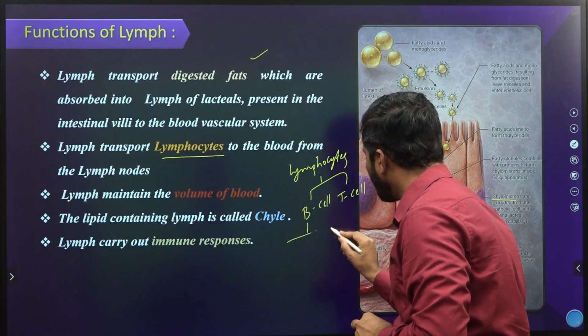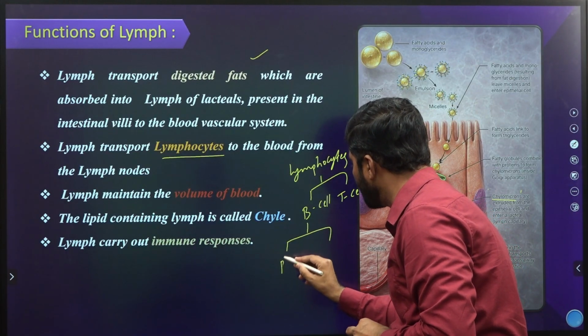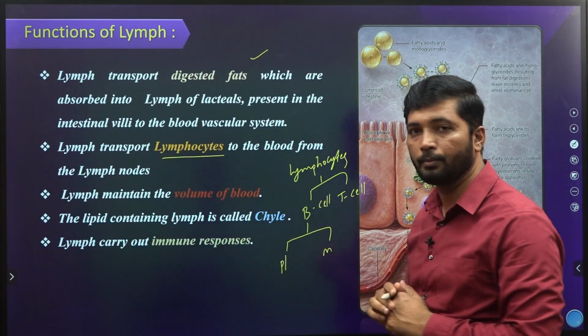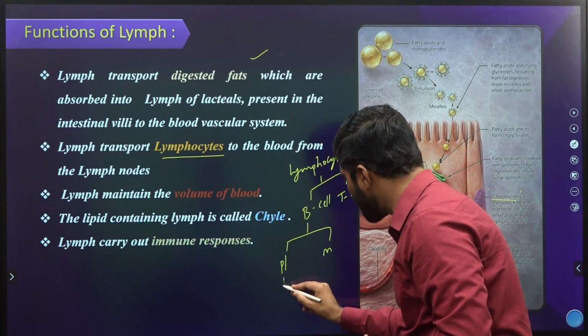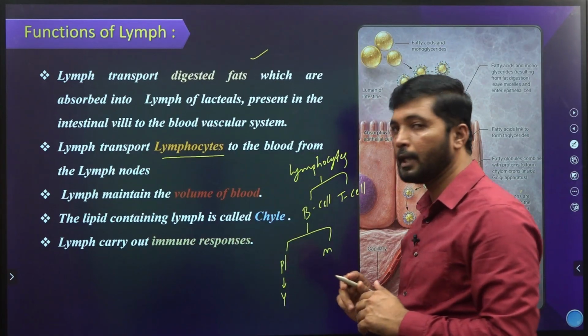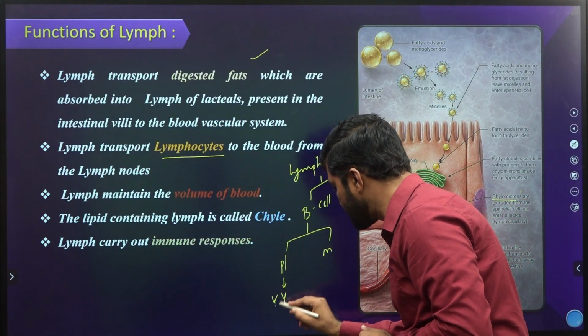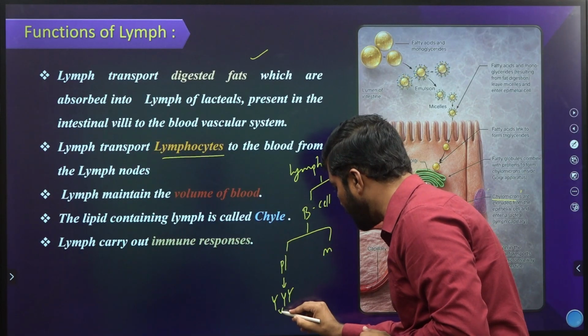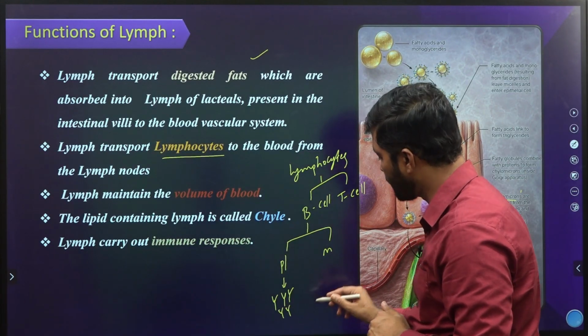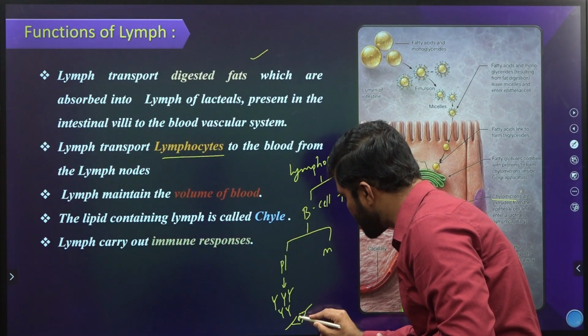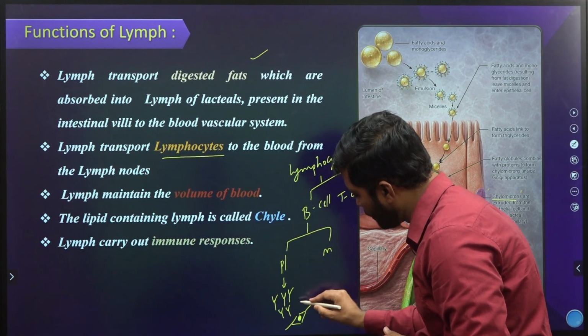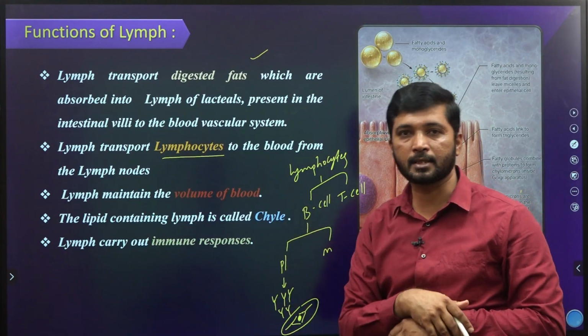B cells or B lymphocytes divide into plasma cells and memory cells. Plasma cells are short-lived cells that produce an army of antibodies against specific antigens. Then antibodies bind antigens. This is antigen, this is antibody, this is the antigen-antibody complex.